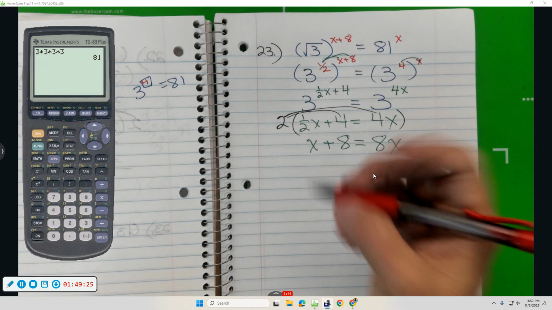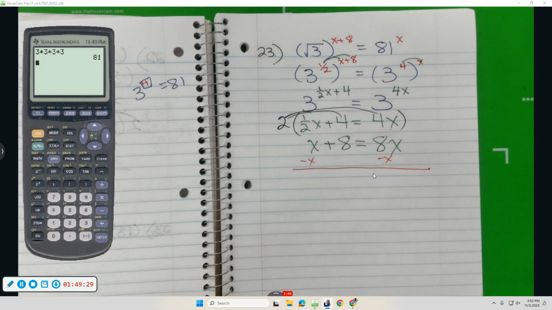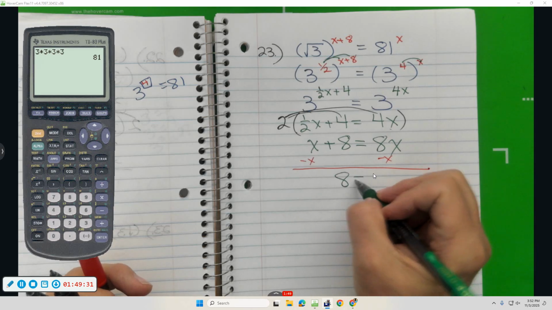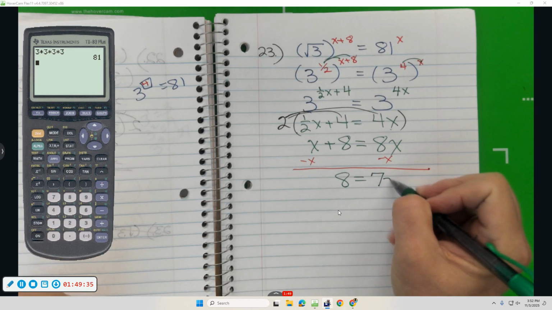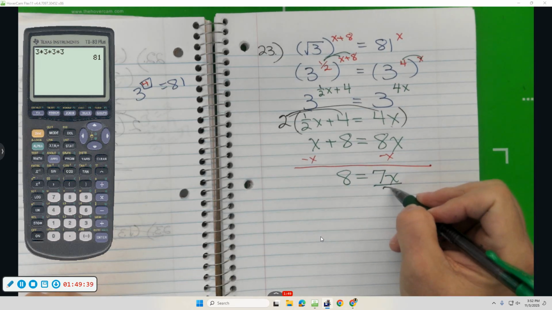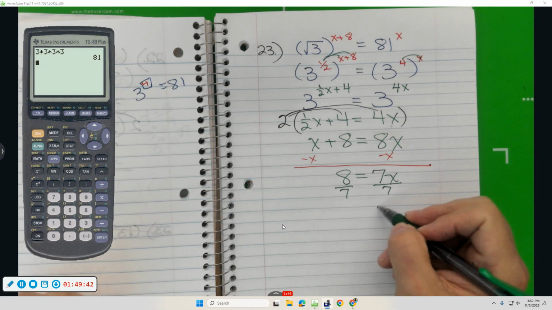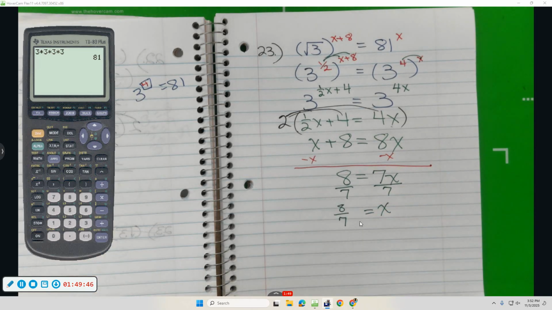Minus 1x, yeah, minus 1x. So we have 8 equals 7x. And then divide by 7 will give me x equals 8 over 7.